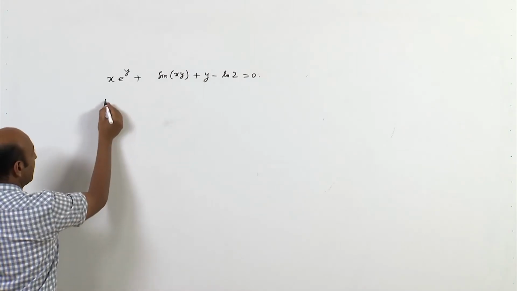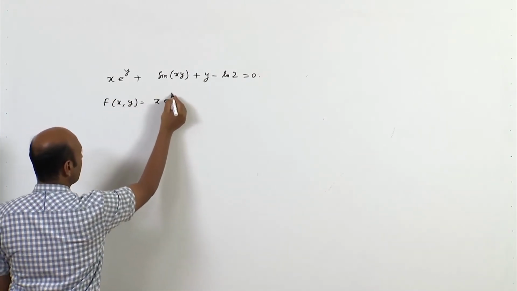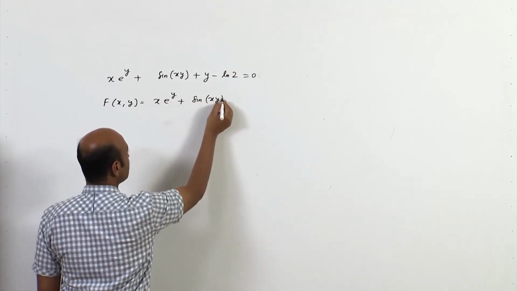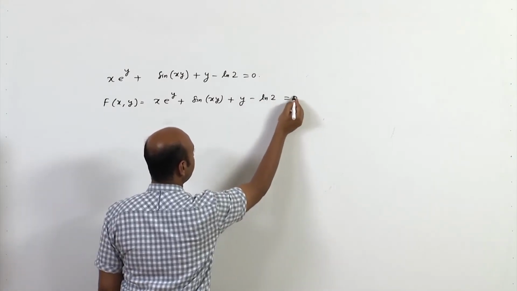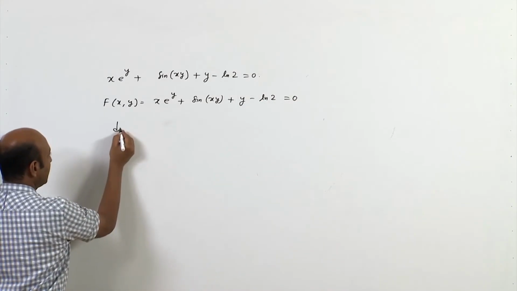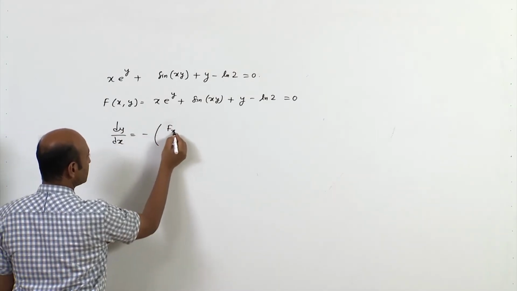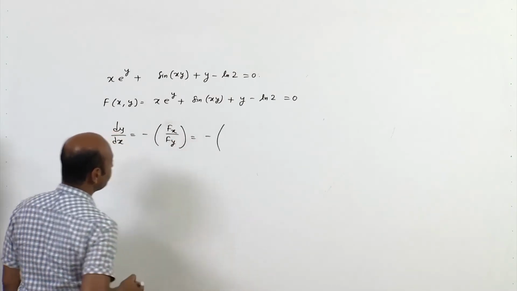You can let f of x, y be x e raised to power y plus sin xy plus y minus ln 2 equal to 0, and dy by dx will be given as negative of fx upon fy.